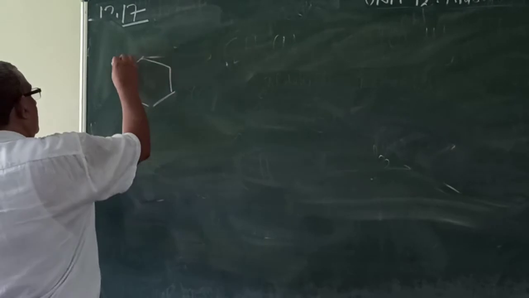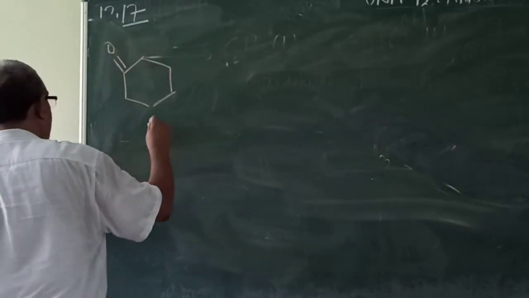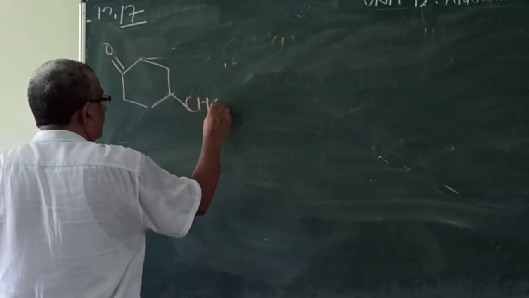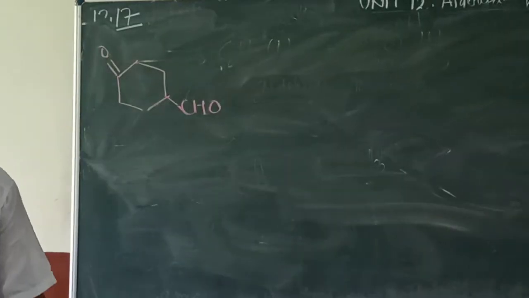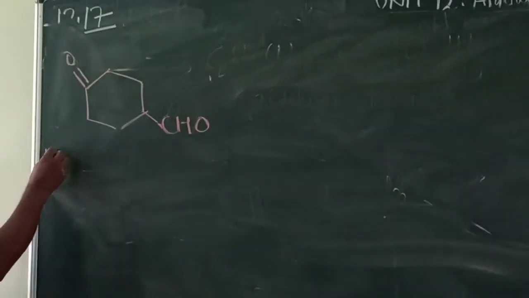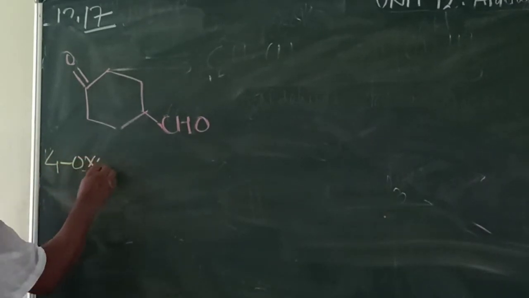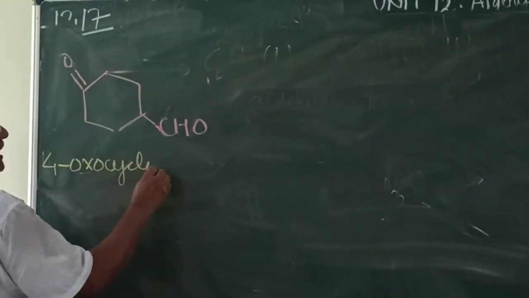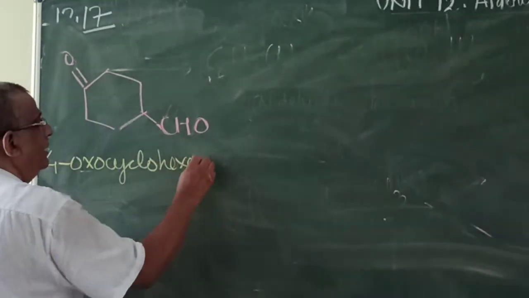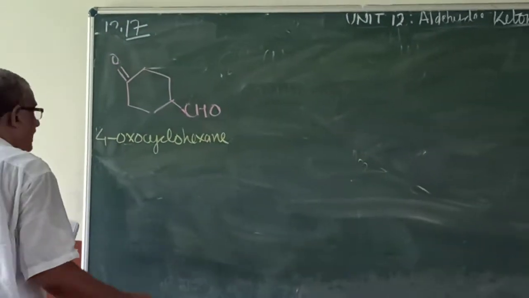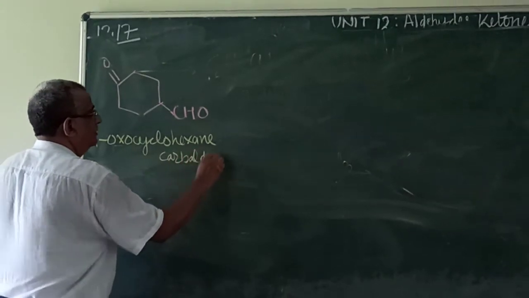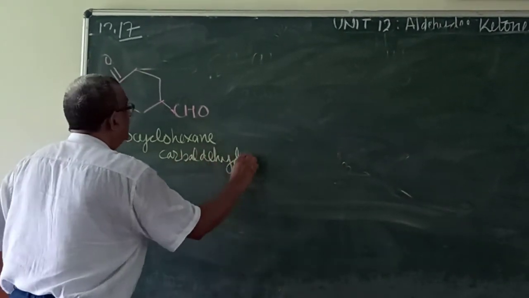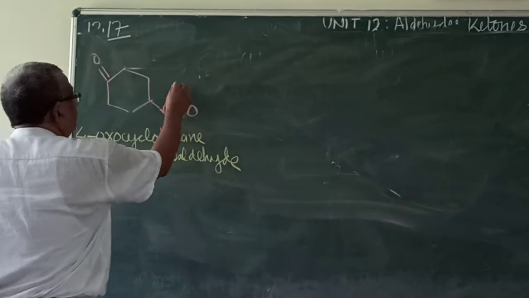Now oxygen. This is CHO. What is its name? Just write the name, please. Its name is 4-oxocyclohexane carbaldehyde.